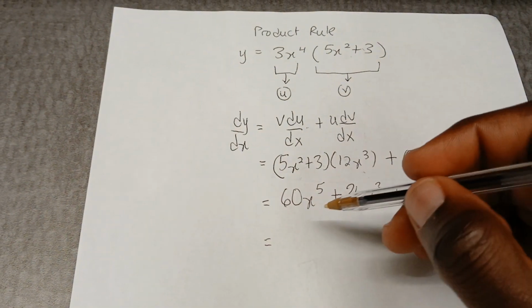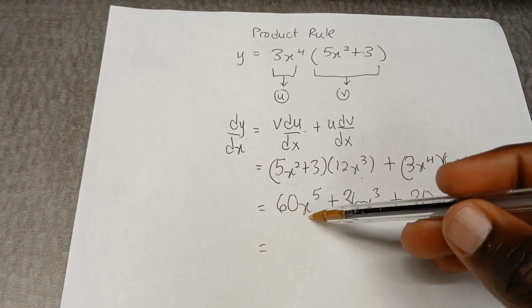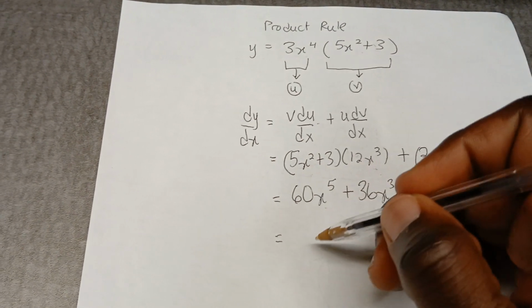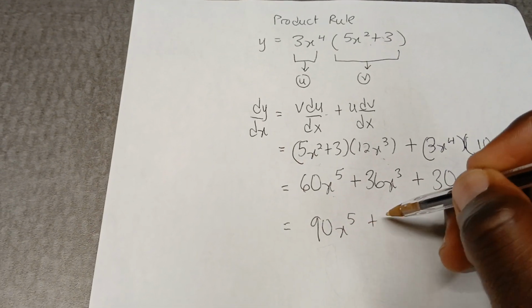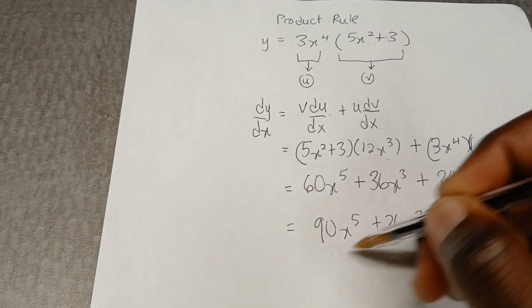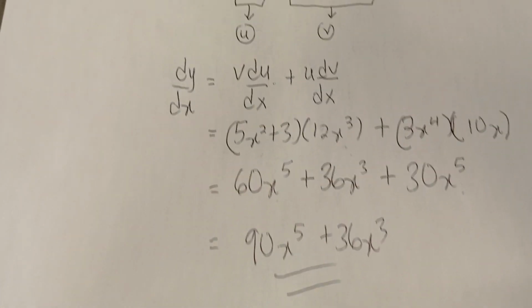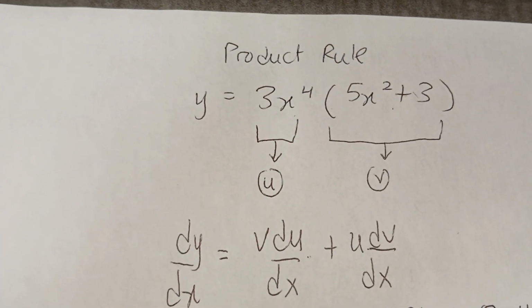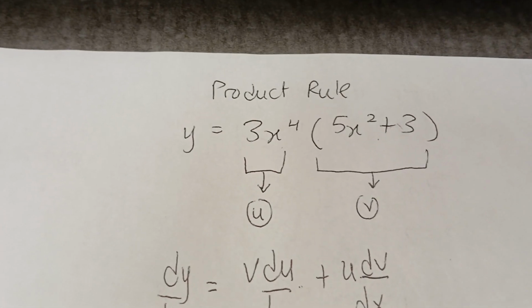So now we group like terms, we add the like terms together. 60x^5 plus 30x^5 is 90x^5, plus 36x^3. That's it. So this is the first derivative of the function 3x^4 times 5x^2 + 3.